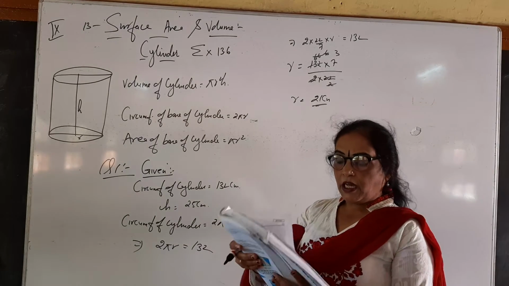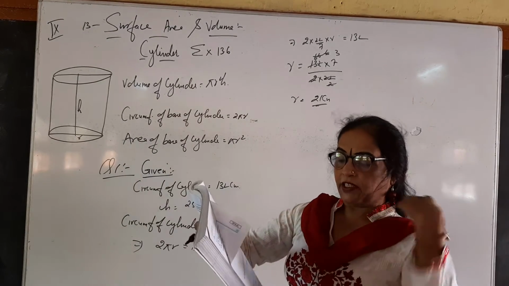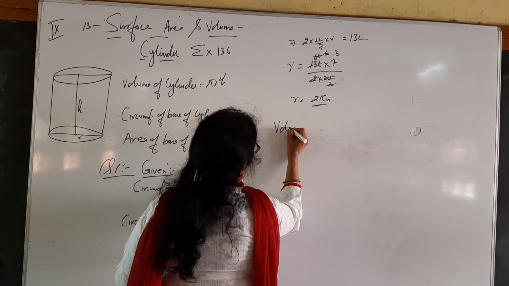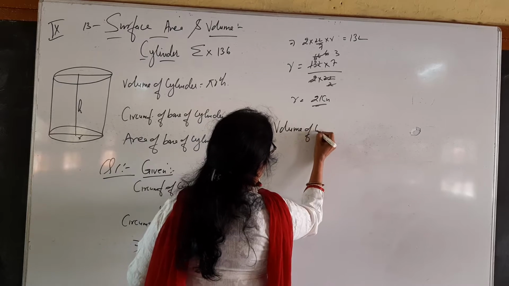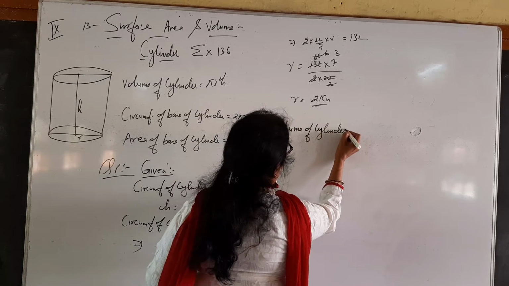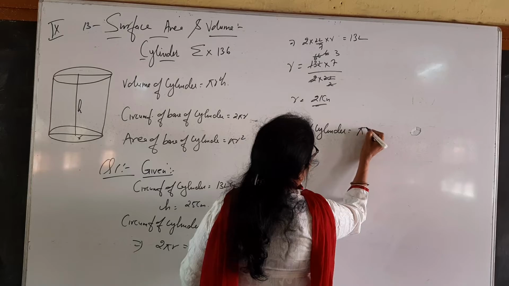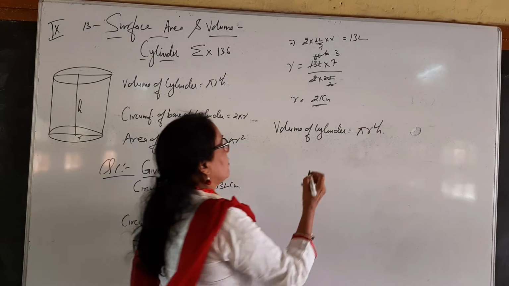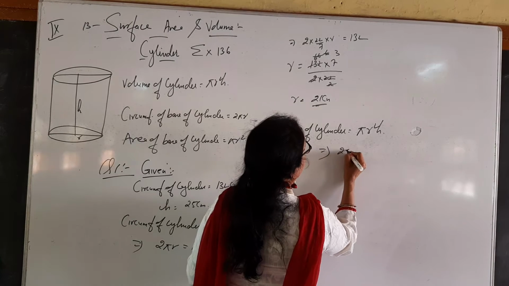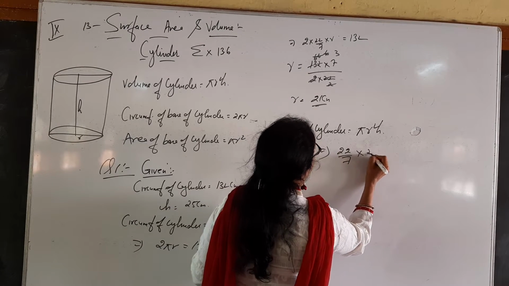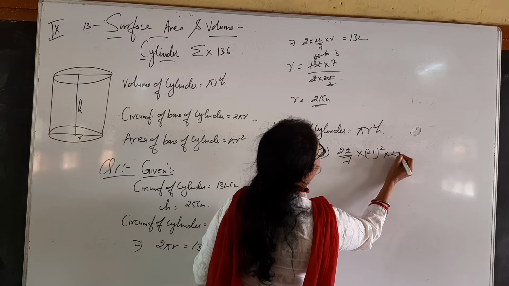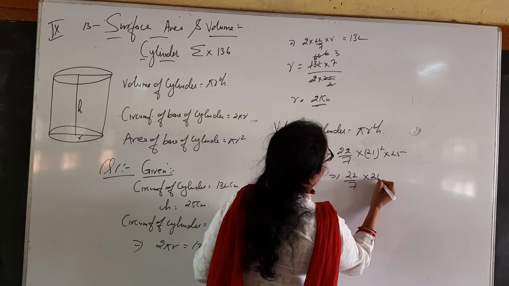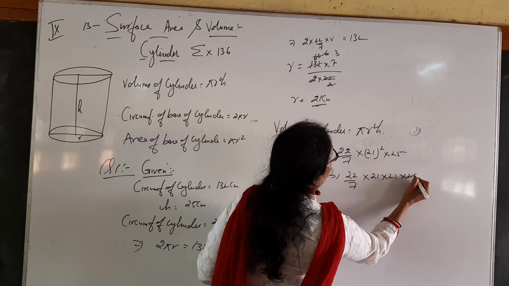Now, how many liters of water can it hold? It means we have to find volume. Volume of cylinder is pi r square h. So we will put the value. Pi means 22 by 7, r is 21 square, h is 25. So 22 by 7 into 21 into 21 into 25.